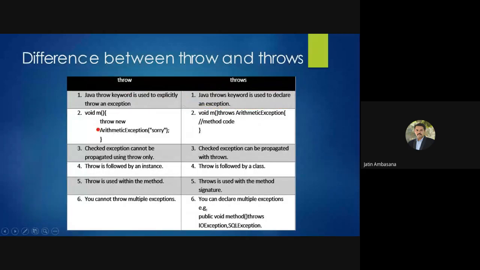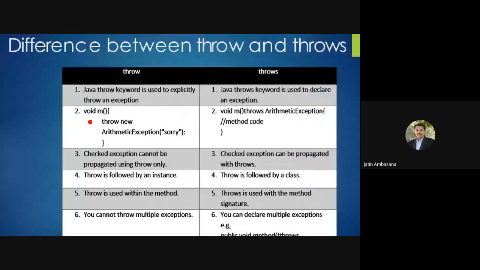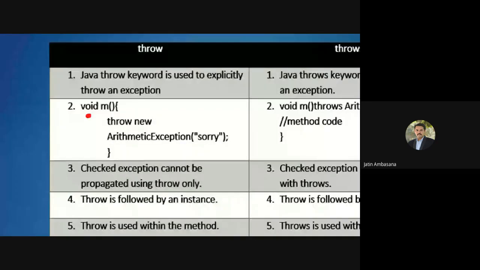If you are using it in a method, you say throw new, the exception class name, and your message. This is the class name of the exception, and this one is the message that you want to pass for that exception.